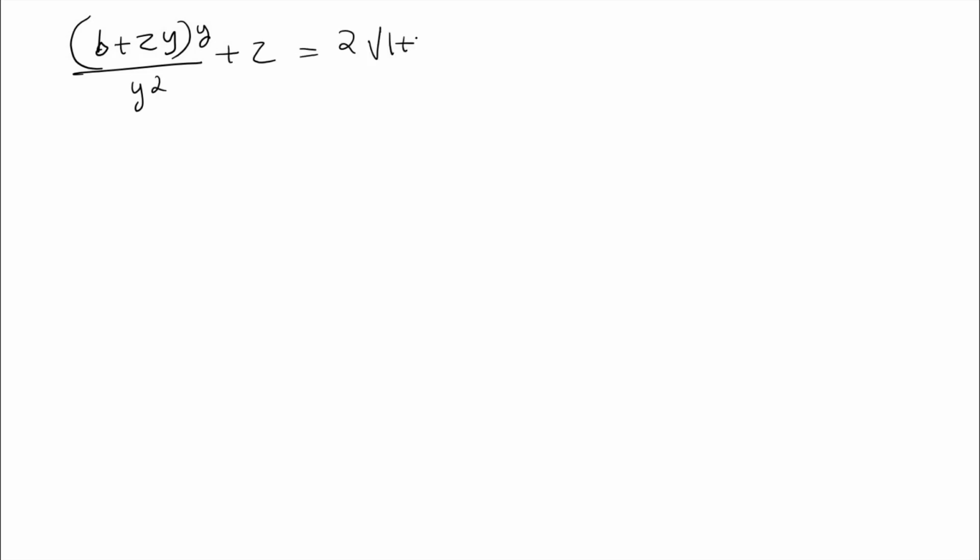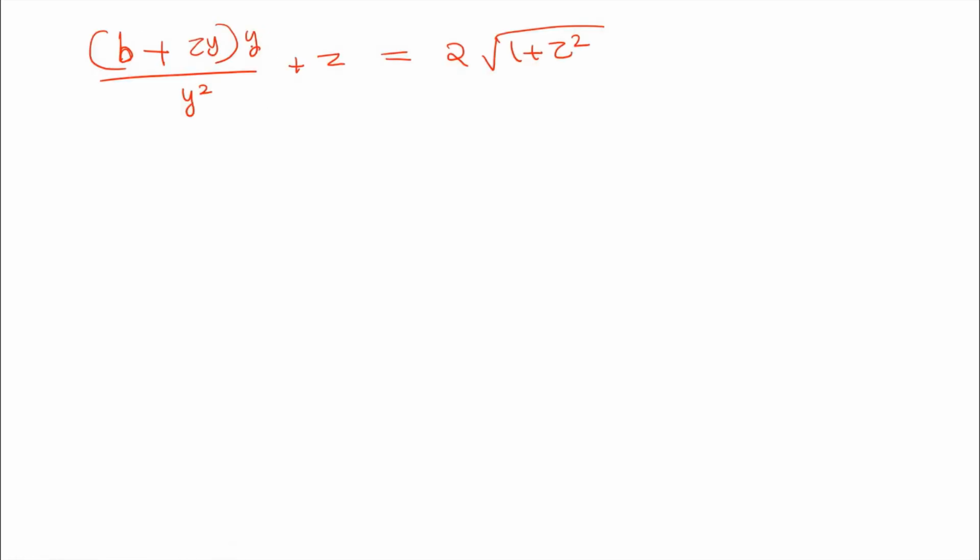I'm just cancelling both y terms from numerator and denominator, then it will become b plus zy by y plus z is equal to 2 into root of 1 plus z square.